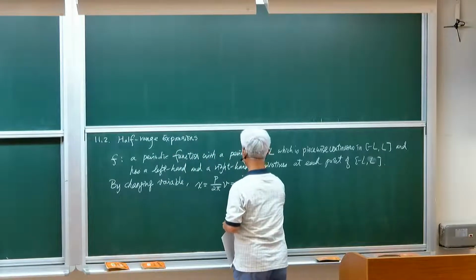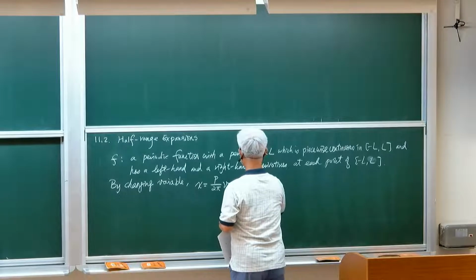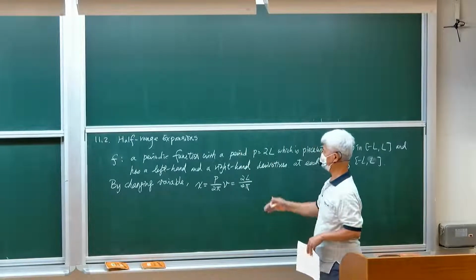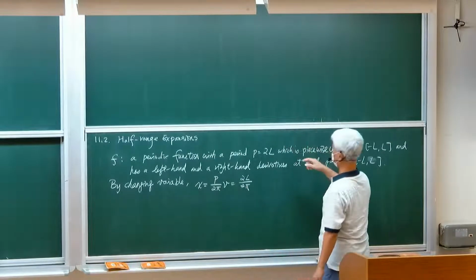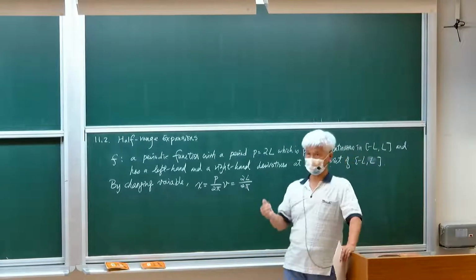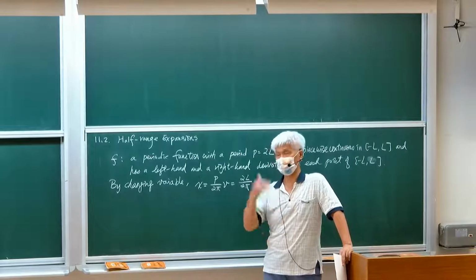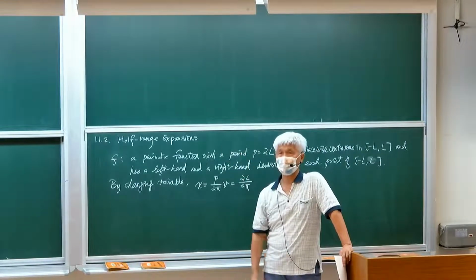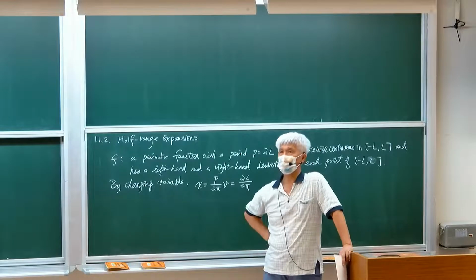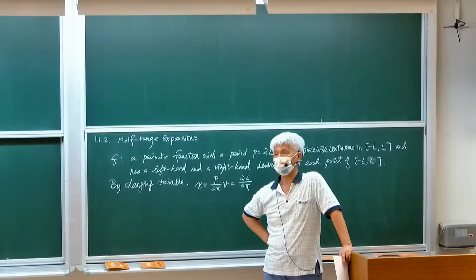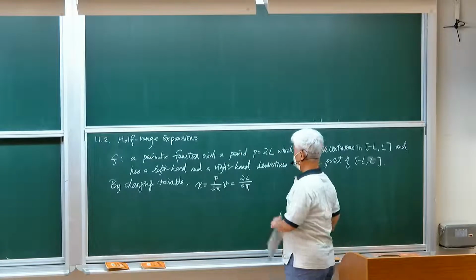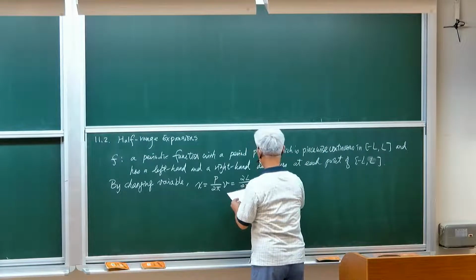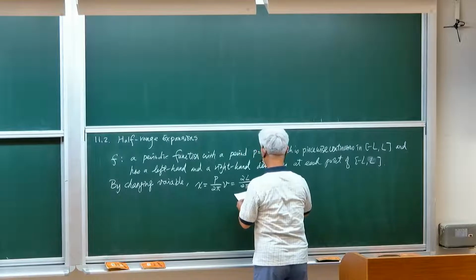Now the period is 2 times L, so we want to turn such a periodic function with arbitrary period into a periodic function with a period 2 pi. Okay, because in the first section we consider a periodic function with a period 2 pi. So this is L divided by pi and the v here.